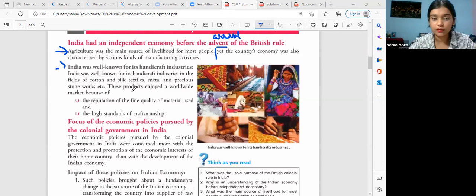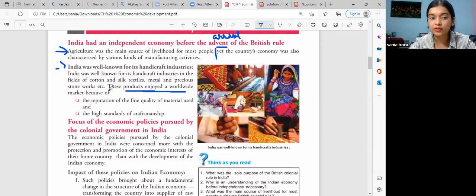The question you are going to write is: why did Indian handicraft industries enjoy a worldwide market? Or you can say, instead of industries, just write products: why did Indian handicraft products enjoy a worldwide market?